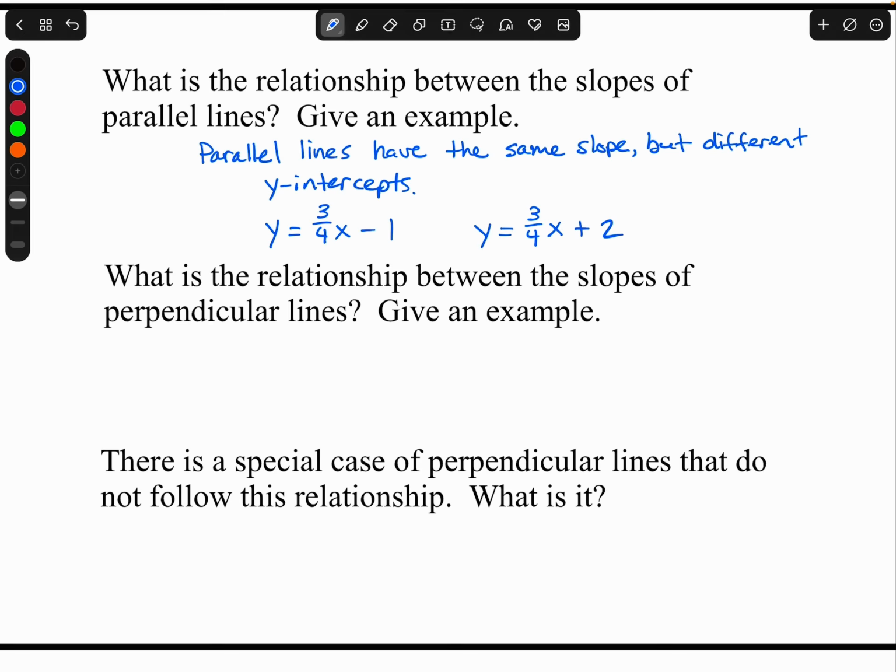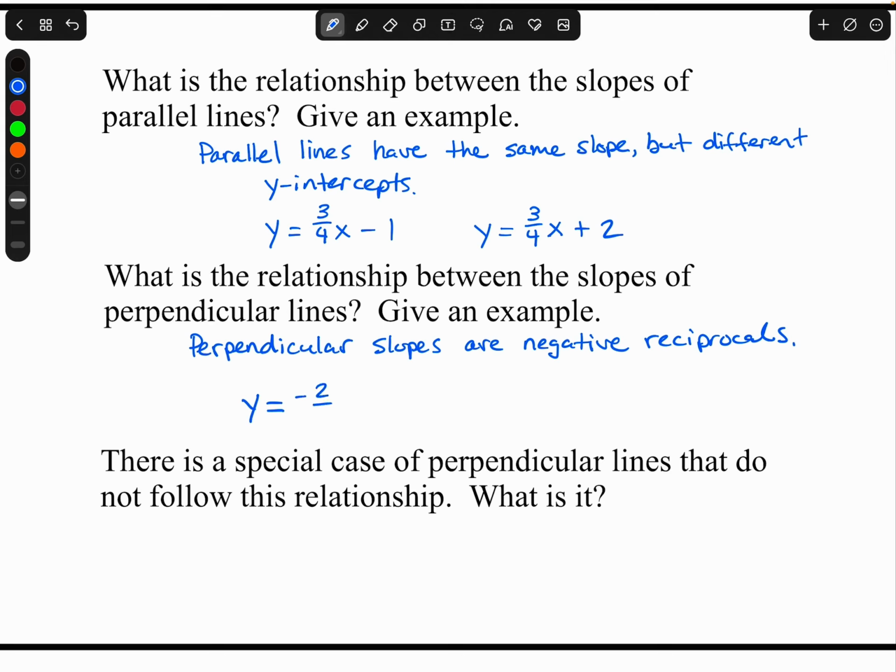Now, thinking back, what was the relationship between slopes of perpendicular lines? Well, hopefully you remember this, but it's probably been a couple years. So you have perpendicular lines, perpendicular slopes. I think some teachers say negative reciprocals. Some people say opposite reciprocals, whatever you want to call it, whatever helps you remember it. So negative reciprocals.